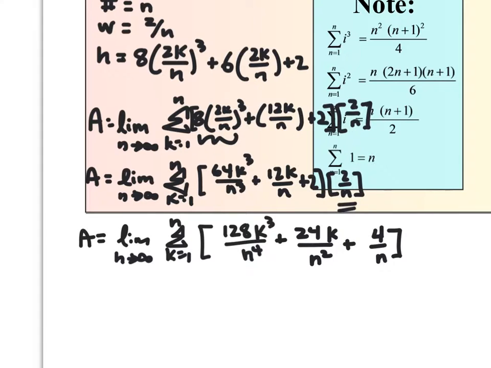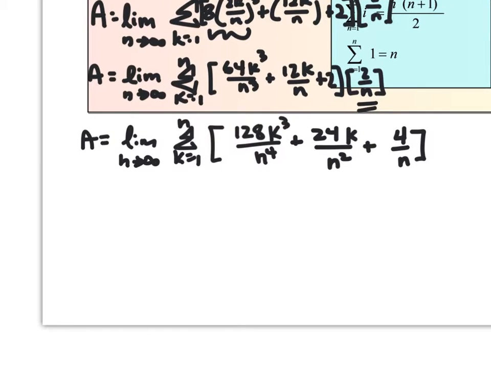Okay, now I'm going to split that up into 3 separate summations. So the area is the limit as n goes to infinity of the following.